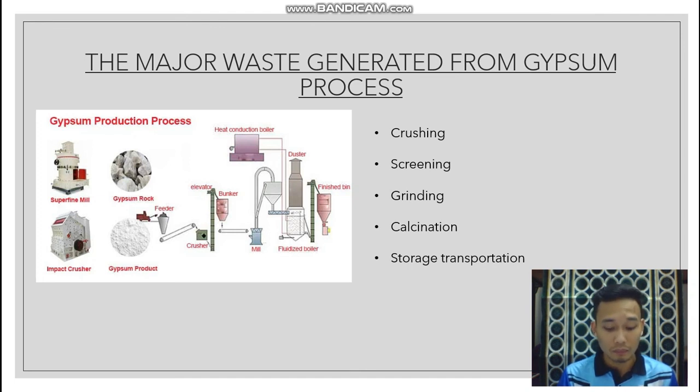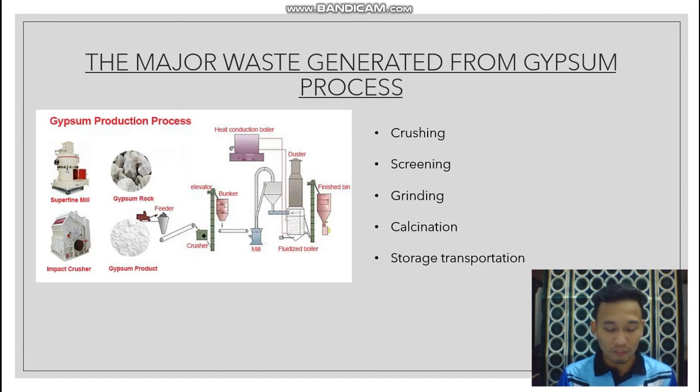Screening is where gypsum that follows specification will be separated by controlling the diameter of the sieve holes. Third is grinding. Grinding feeds into the grinding mill. The finest qualified powder is classified by hydrocyclone and discharged through the powder outlet tube and transported to calcination.